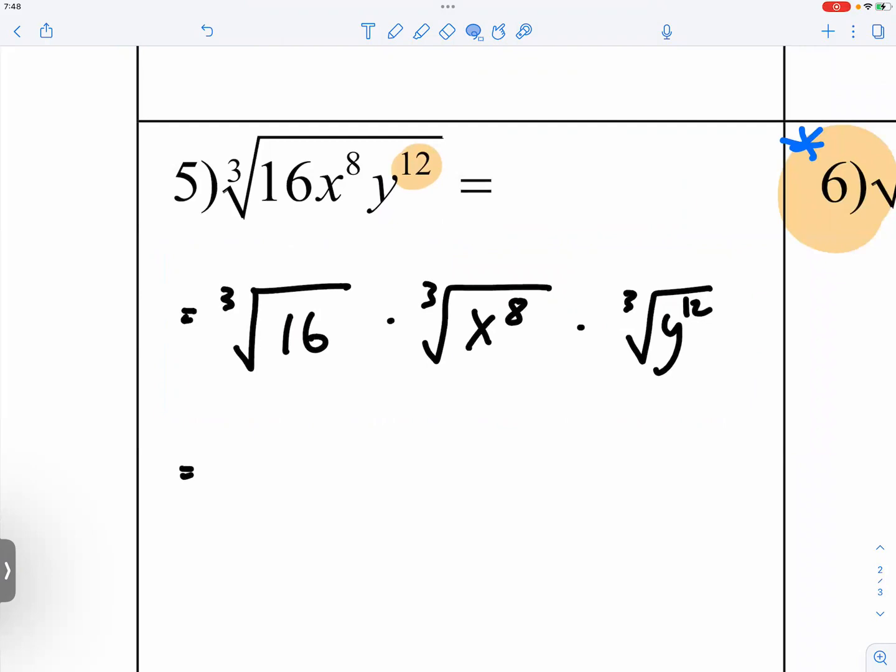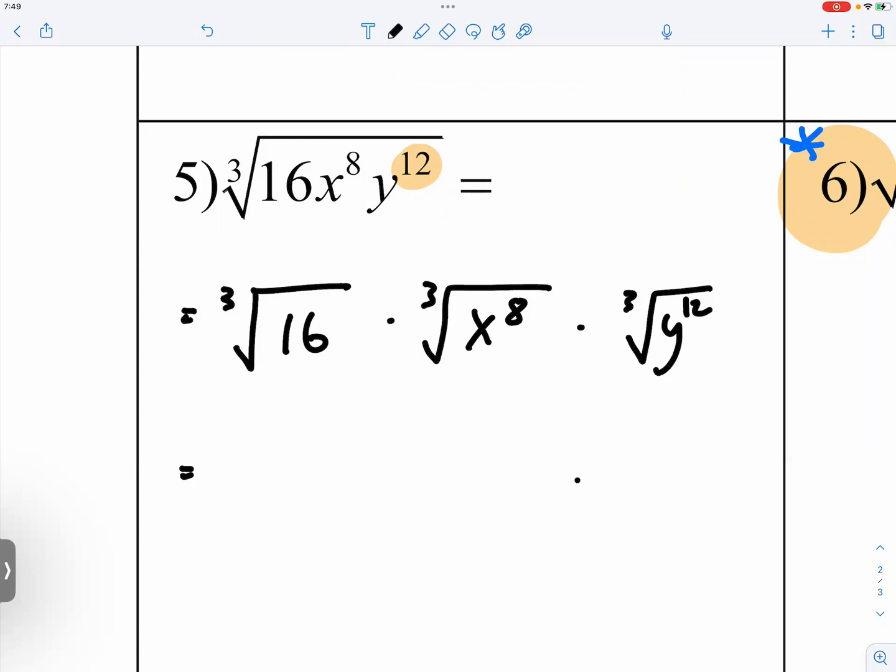lost, okay? So now, cube root of y to the 12th power, it's very easy. What does that become? Cube root of y to the 12th power. Yesterday I went over 2 ways to do it.